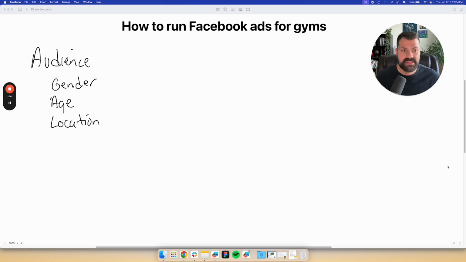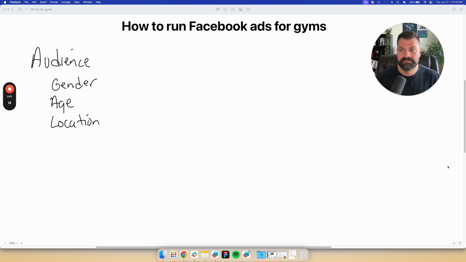So for example, and this is just a blanket statement, so don't take this too literally, but in general, I would say that women want to lose weight and get a little bit more toned, versus men who want to look masculine, put on muscle mass and lean down, right? So the gender difference really does matter.